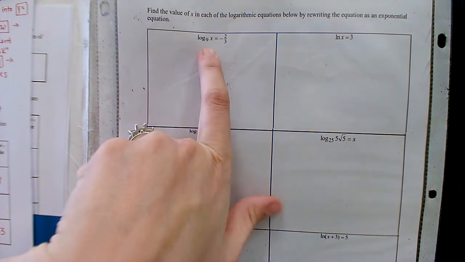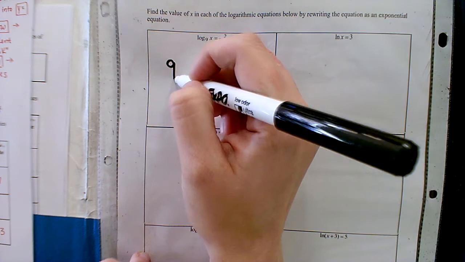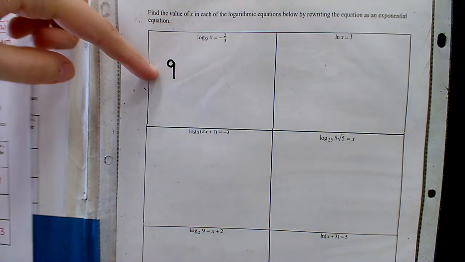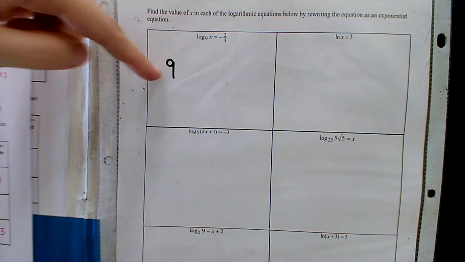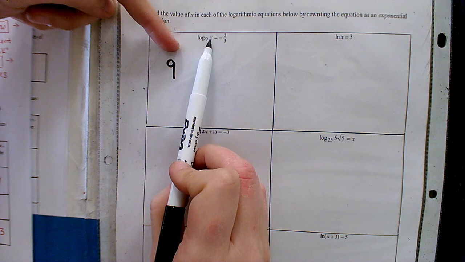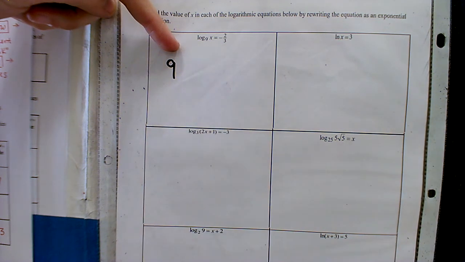Let's pick it apart. What's the base of this log? 9, okay, so we'll start there. If the 9 is a base for a log, then that's going to be the same base for your exponential. If this is a base, that means the 9 has to have some type of power on it. Can we think about between the x and the -2/3, which one would be the power?